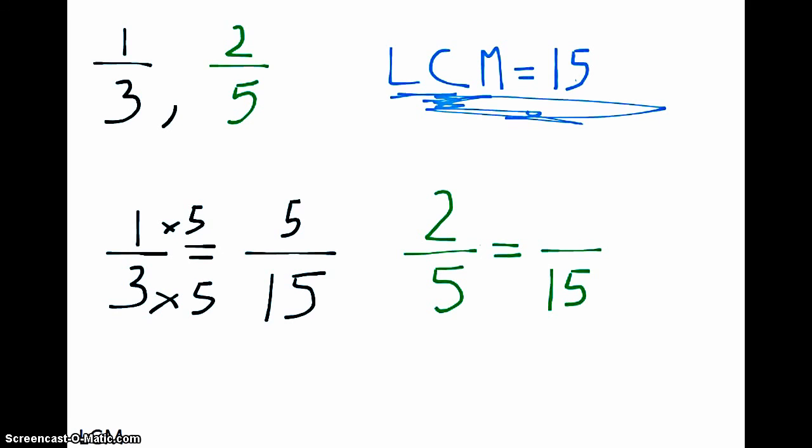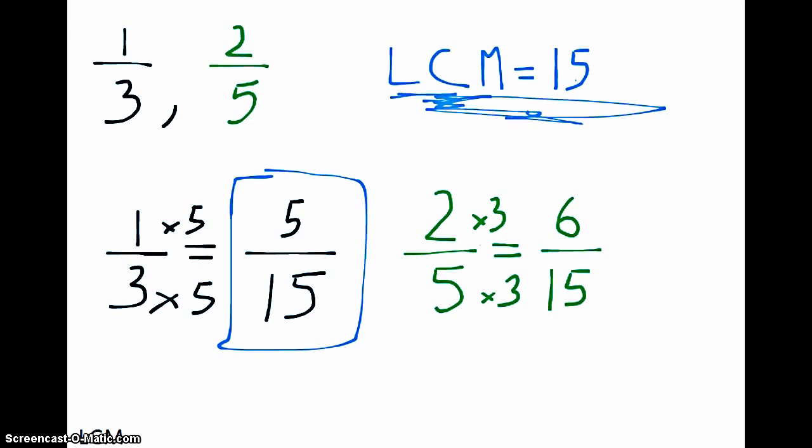So we have 1/3 is equal to 5/15. We also do this with the other fraction. 5 times what is 15? 5 times 3. So whatever I do to the denominator, I have to do to the numerator. 2 times 3 is 6. So I can also find equivalent fractions using my least common multiple.